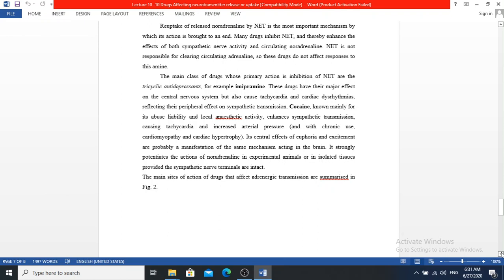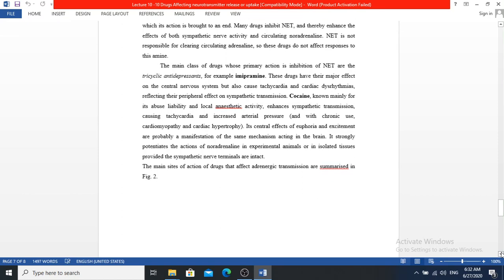Its central effects, euphoria and excitement, are probably a manifestation of the same mechanism acting in the brain. It strongly potentiates the action of noradrenaline in experimental animals or in isolated tissue, provided the sympathetic nerve terminals are intact. The main sites of action of drugs that affect adrenergic transmission are summarized in figure 2.